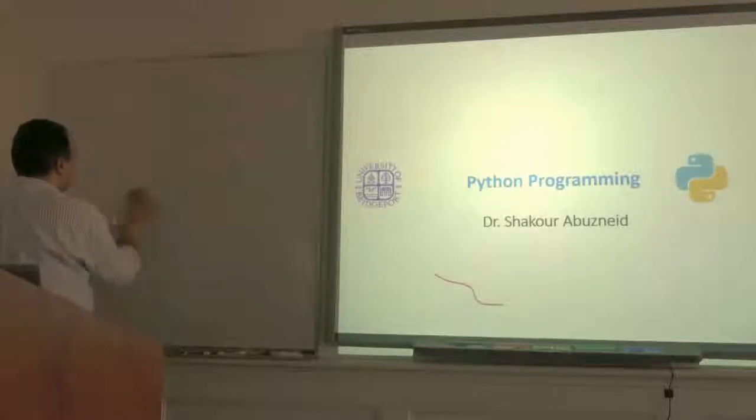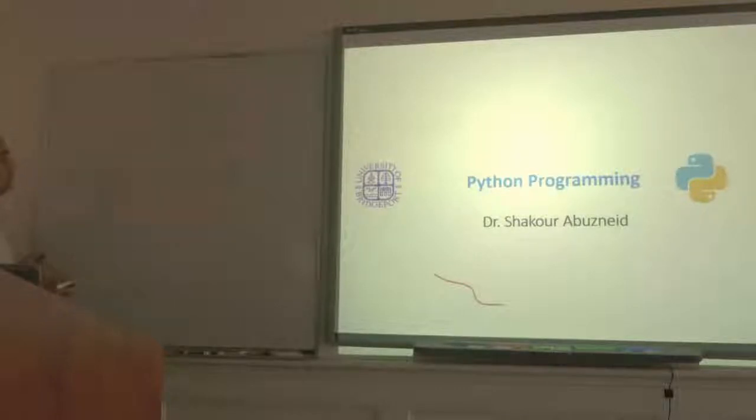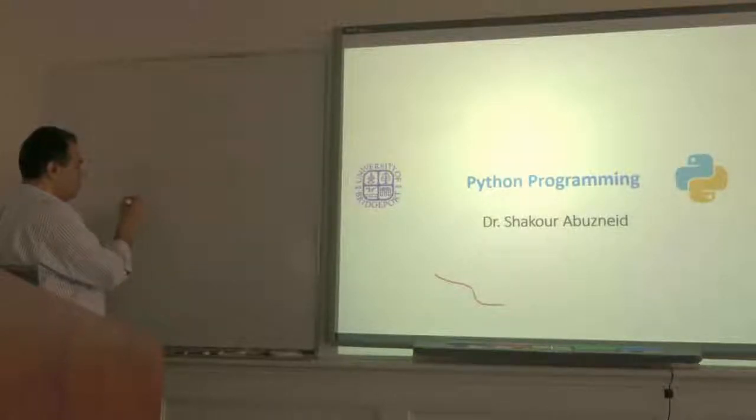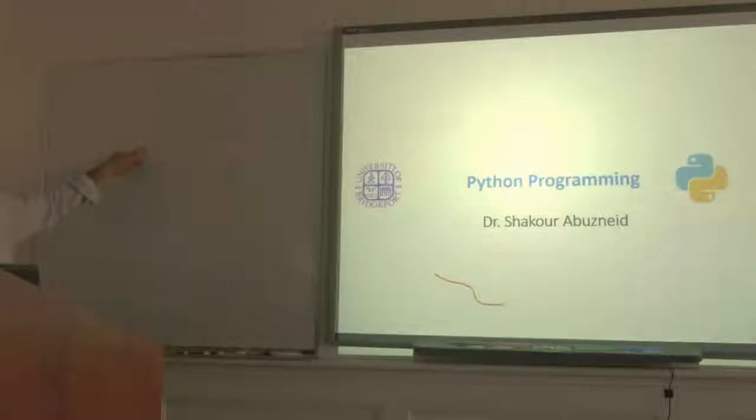What is a dictionary? Let's say D equals. You're going to use curly braces. So let's call these parenthesis, bracket, and brace. Give me an example for a dictionary.